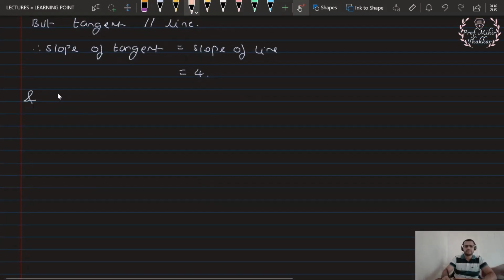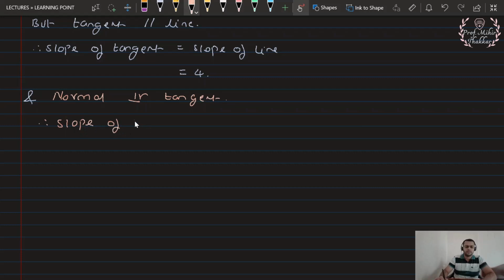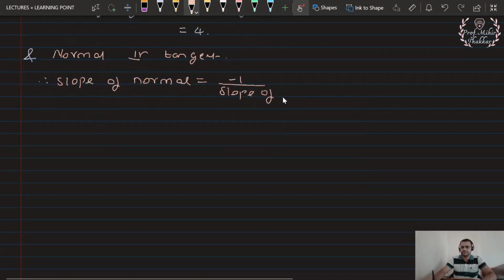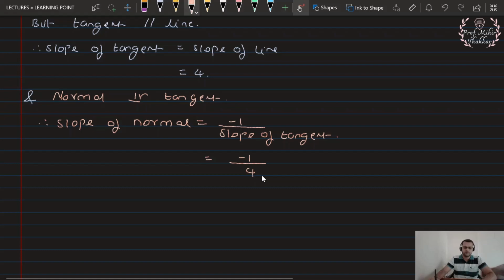And normal is perpendicular to the tangent, therefore slope of normal is equal to minus 1 upon slope of tangent, that is equal to minus 1 upon 4.